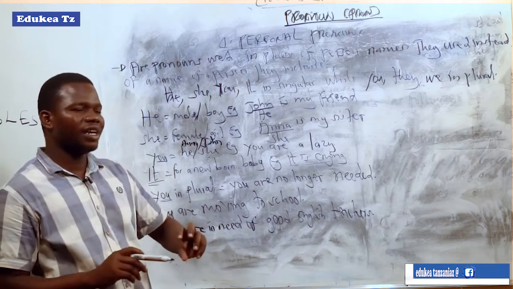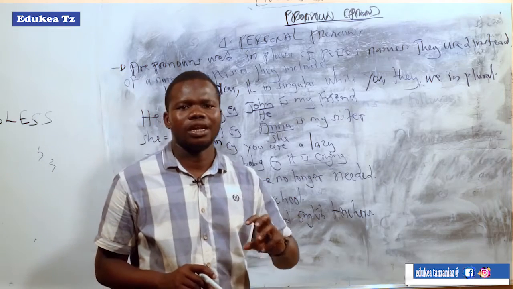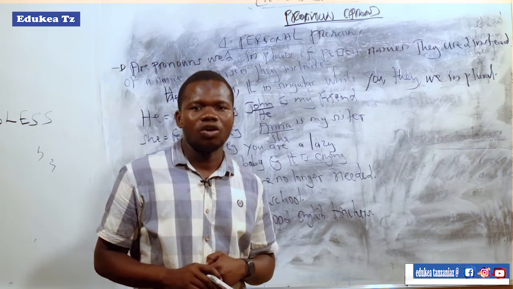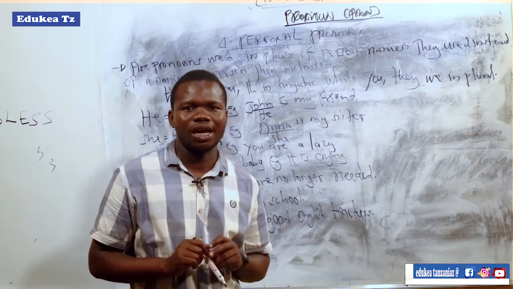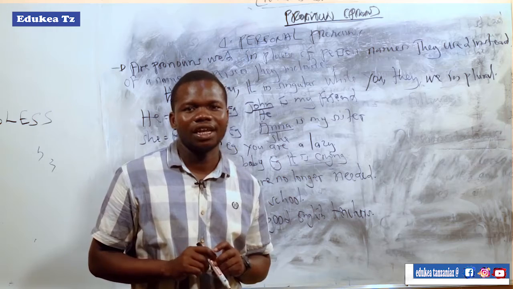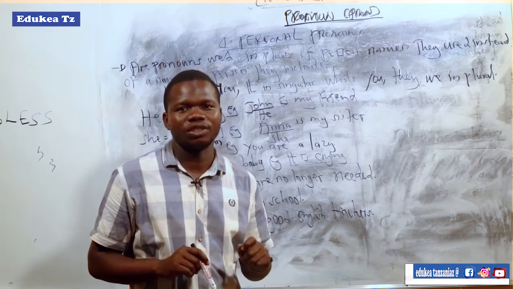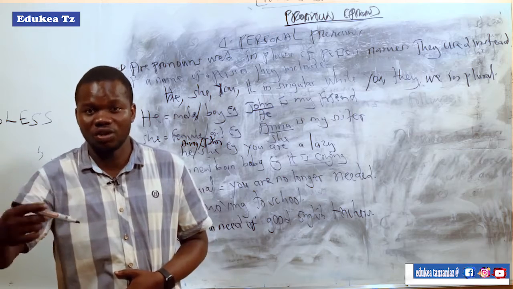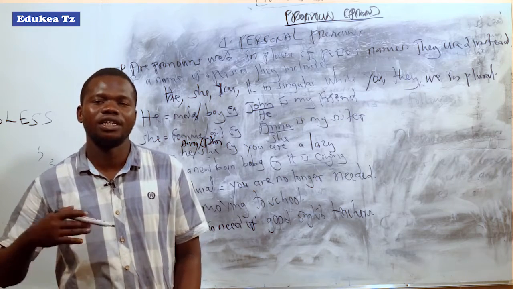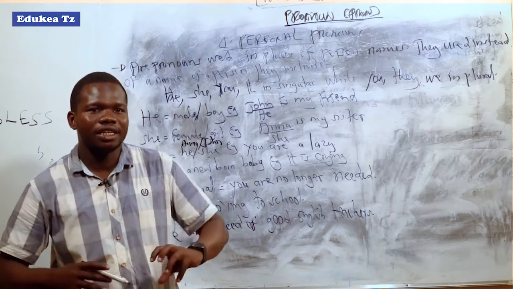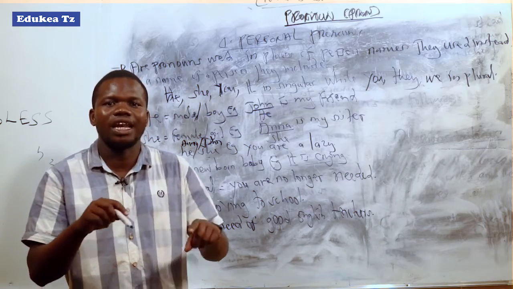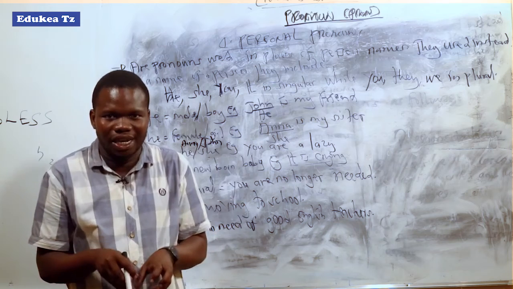So you may find that a teacher enters the class while he or she points at a particular student, then he or she may use you to address that person. So this you now is used in singular. Again, the same teacher may enter the class and want to address all the students in the class.